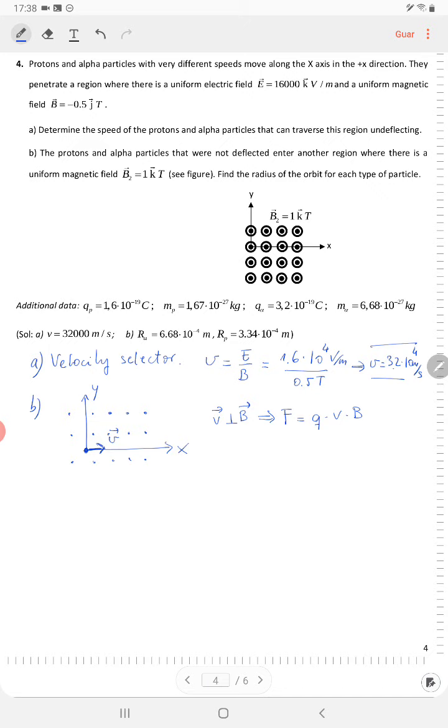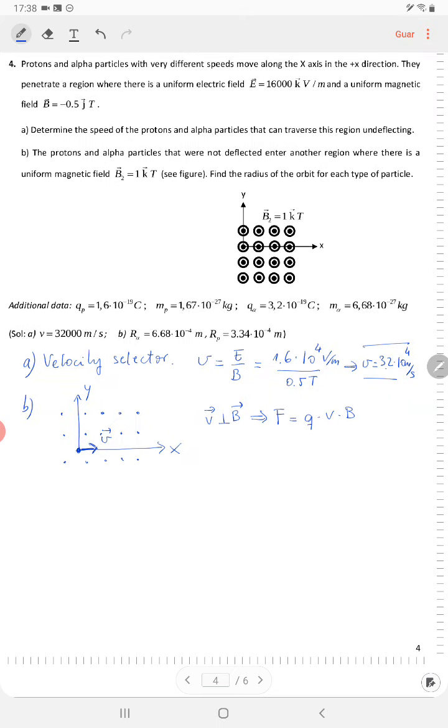As the particles are positively charged, when the velocity is towards the right and the magnetic field is out of the screen, you are going to have a force in this direction. This is going to provide you with a circular path, and what they're asking us to do is find the radius of this path.